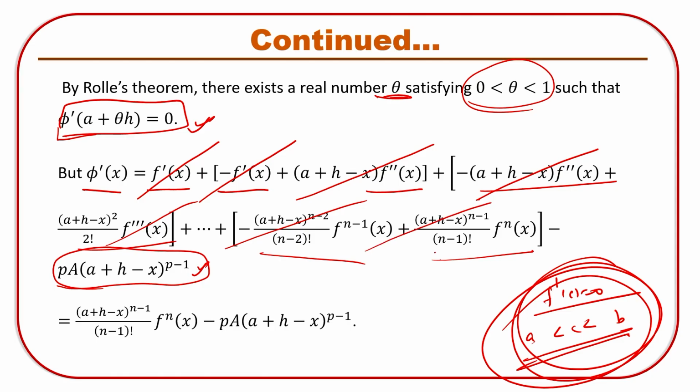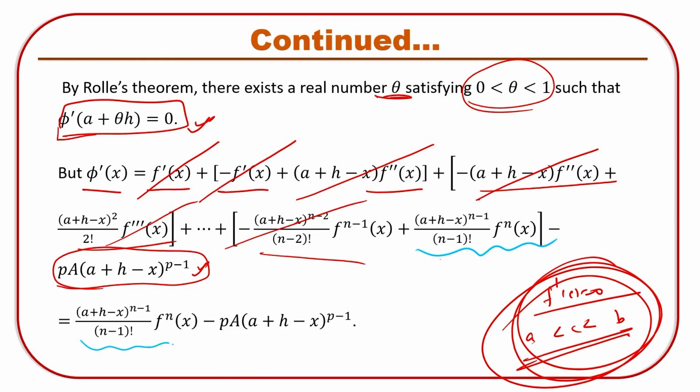The last term, that is (a plus h minus x) power n minus 1 over (n minus 1) factorial f power n of x, minus p A into (a plus h minus x) power p minus 1.